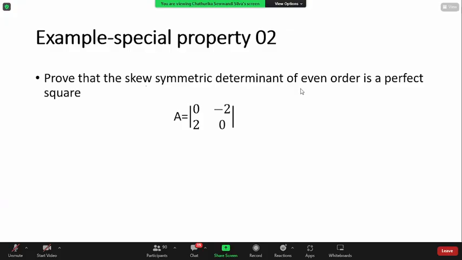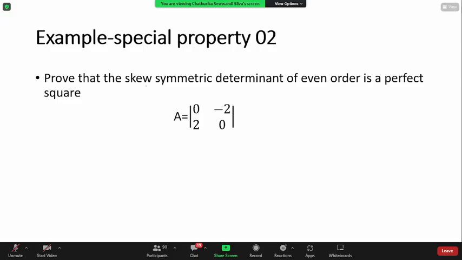Earlier we talked about the odd order skew symmetric determinant, but now we are talking about the even order skew symmetric determinant. For an even order skew symmetric determinant, the answer is a perfect square. For example, here our answer is 4. 4 is the perfect square of 2, since 2 to the power 2 is 4.